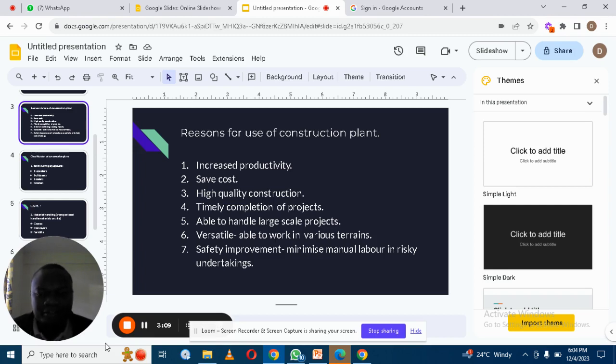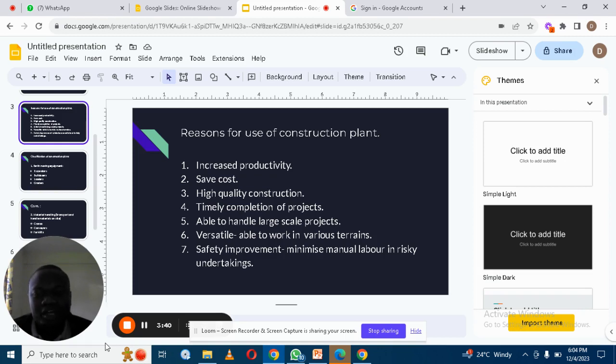Number five, construction plant is able to handle large-scale projects, which, of course, again, when compared to manual labor, the manual labor in a large-scale project will be impractical because it will take a lot of time, it will take a lot of money.